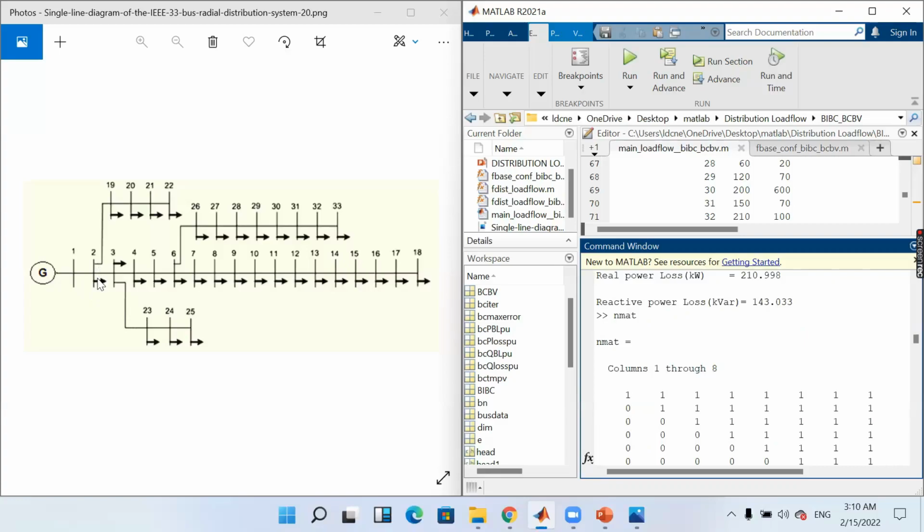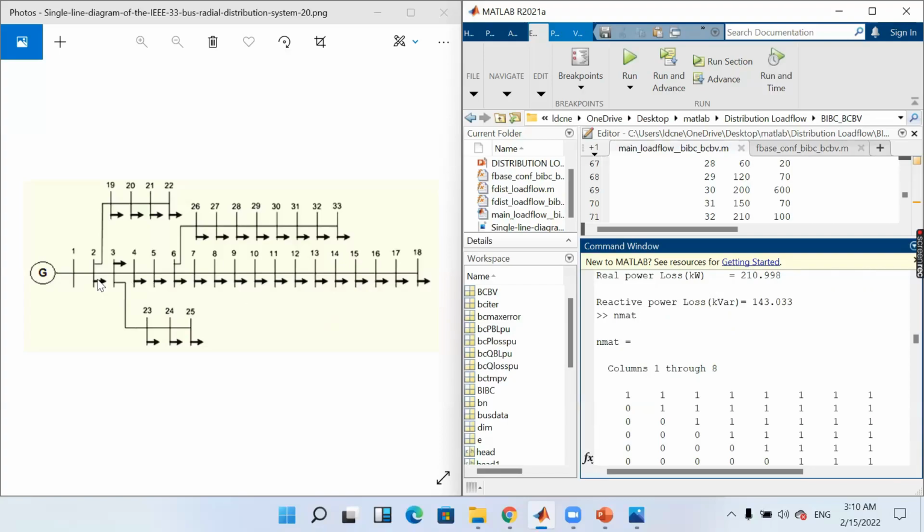But except bus 1, for feeding the load of every other bus, including itself, that is the load of bus 2 also, power must flow through bus 2. So in the second row, except the first column, all the values are 1.